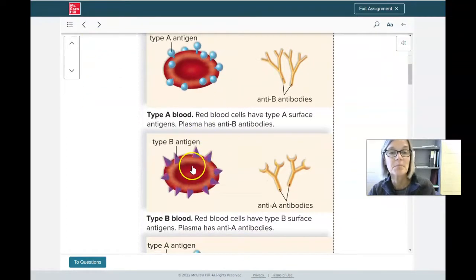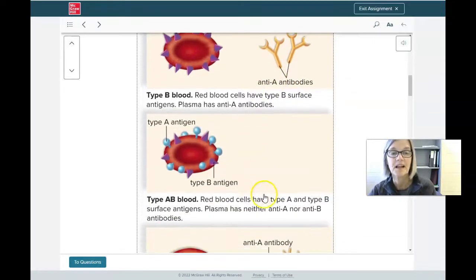If you have type B blood, you can make antibodies against A antigens because you don't have A. A's foreign to you. If you have type AB blood, if you made A antibodies, you'd attack your own cells. If you made B antibodies, you'd attack your own cells. So you don't make antibodies against A or B.